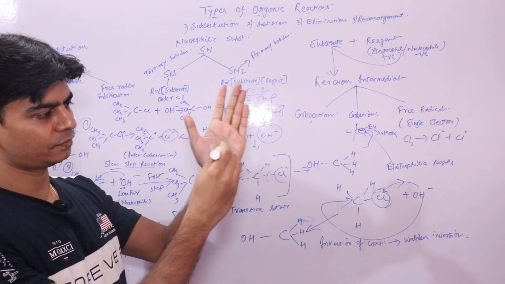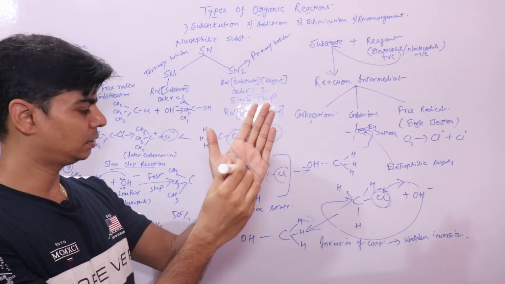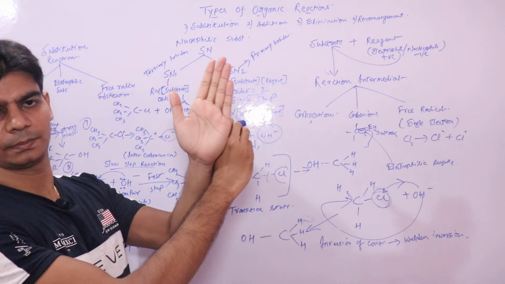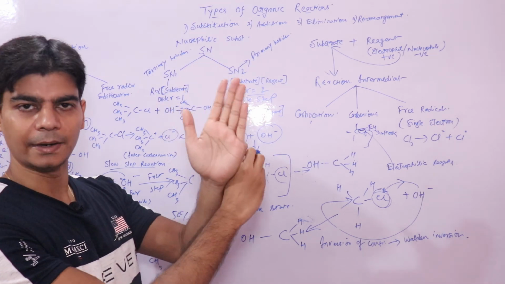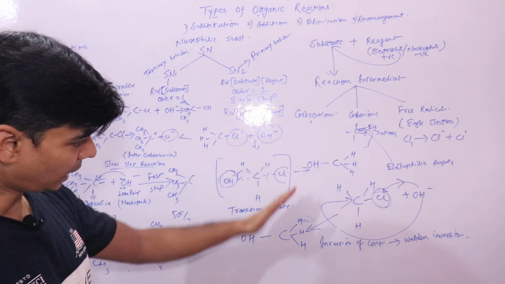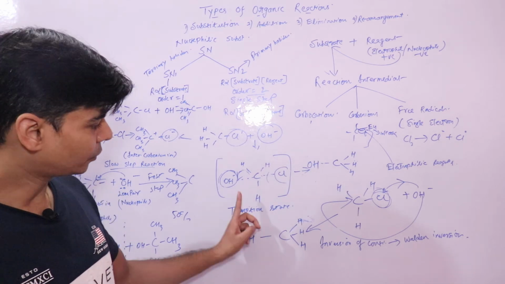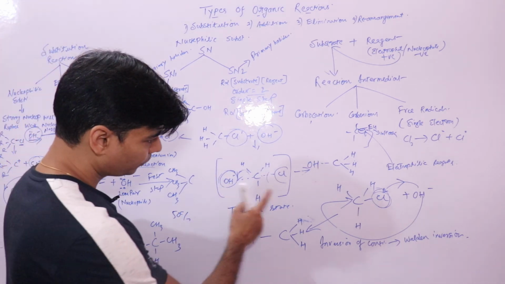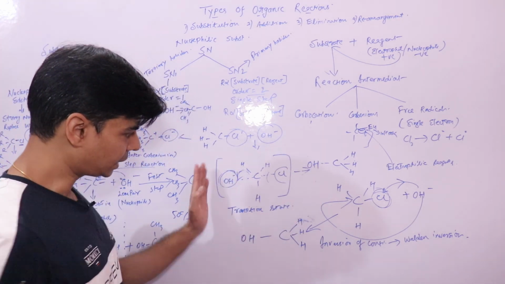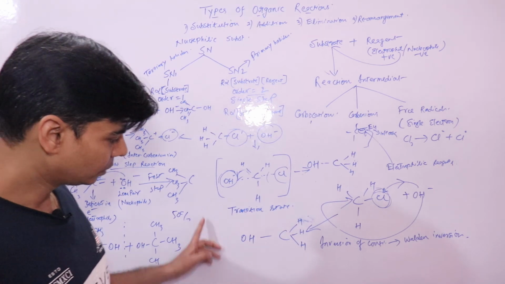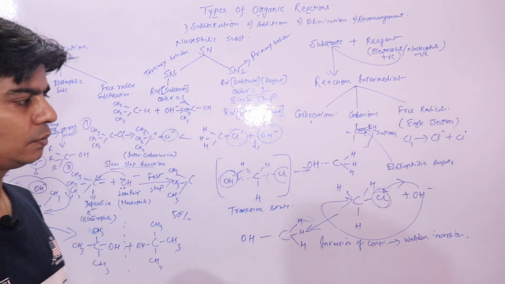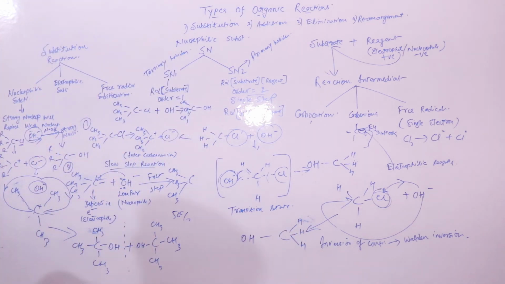If Cl is in this direction, then the approaching nucleophile would attack from the rear end. So finally, from the front end, the weak nucleophile will leave, and from the back end, this strong nucleophile will attack and form a bond with the carbon atom, resulting in inversion of configuration, which we call Walden inversion.